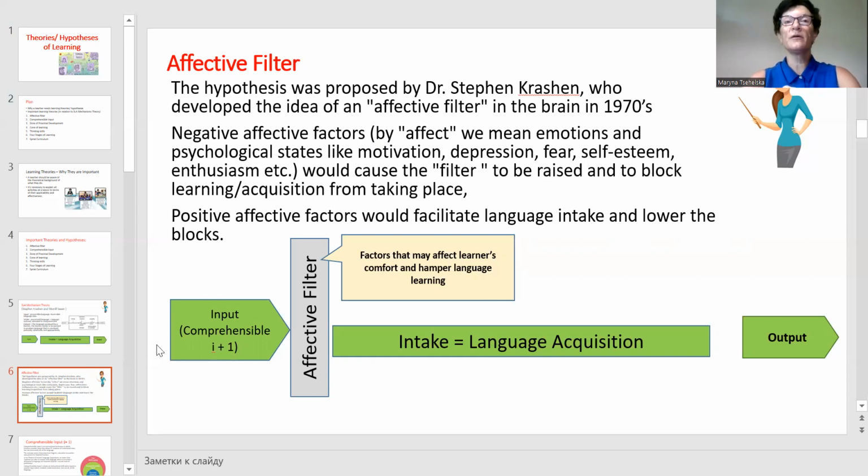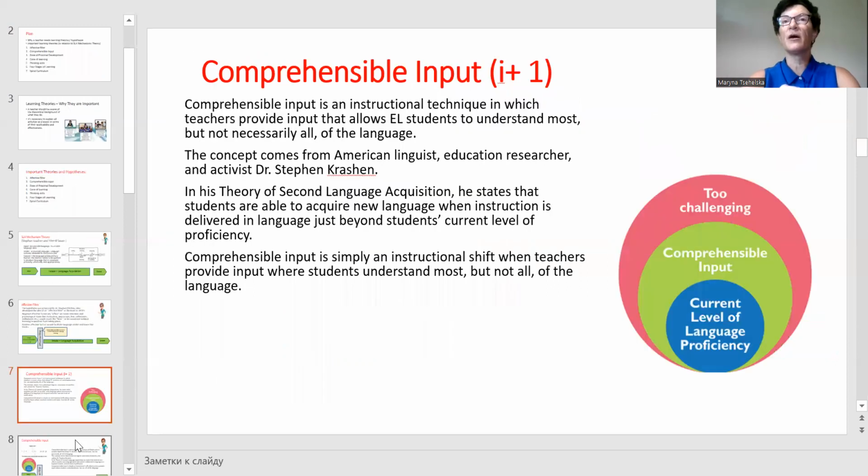Also, if we compare this part to the previous part, we'll see that input can be comprehensible, or we're talking about i+1.